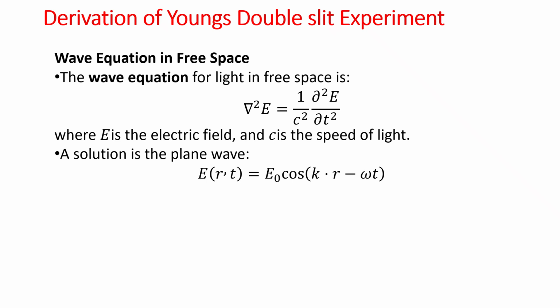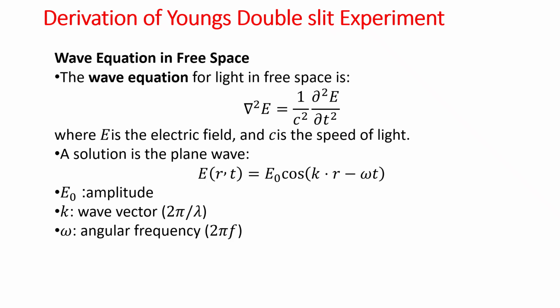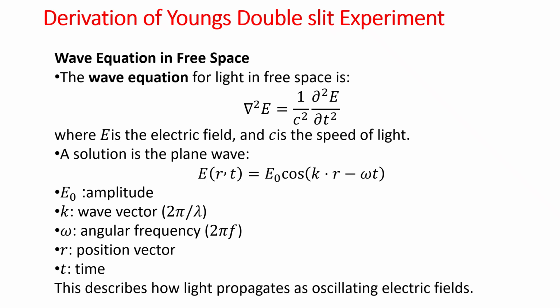But currently, the solution of this wave front is E with respect to time equals E naught cos(k dot r minus omega t), where E naught is the amplitude, k is the wave vector, that is 2 pi upon lambda, omega is the angular frequency of the light, r is the position vector, and t is the time.